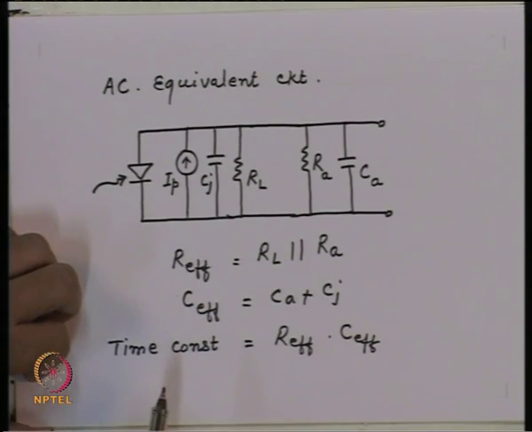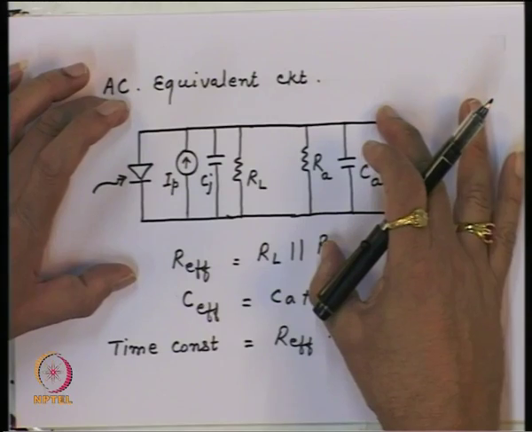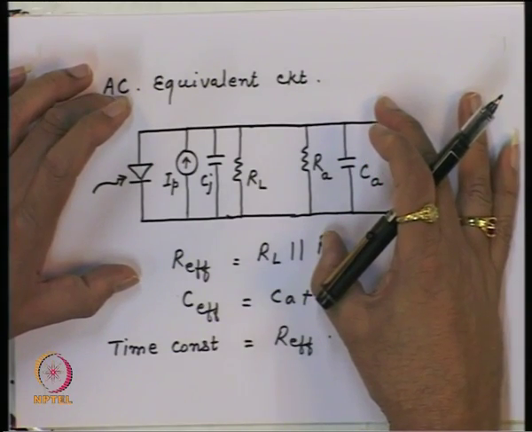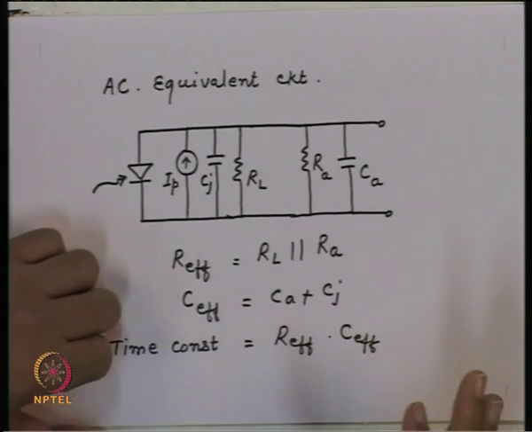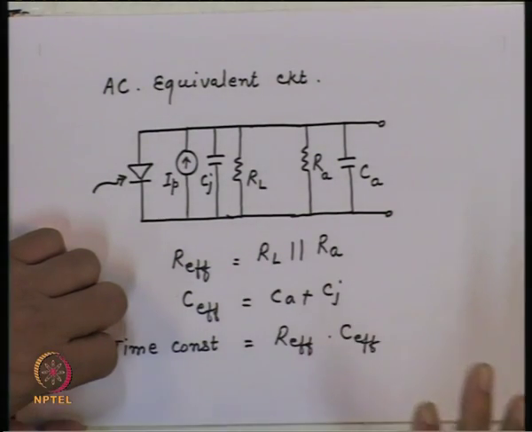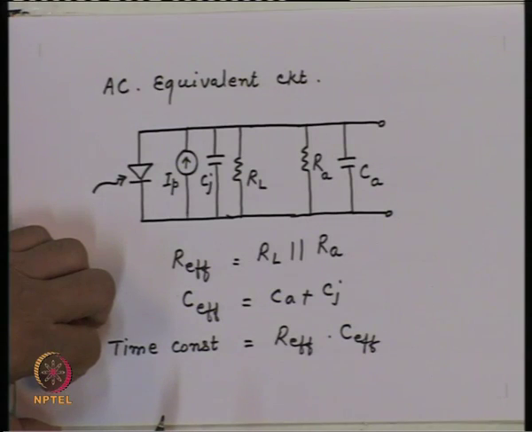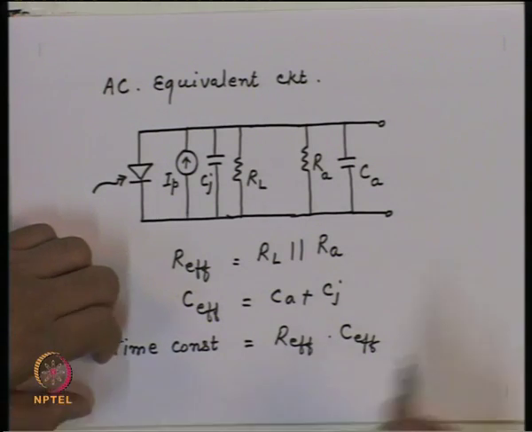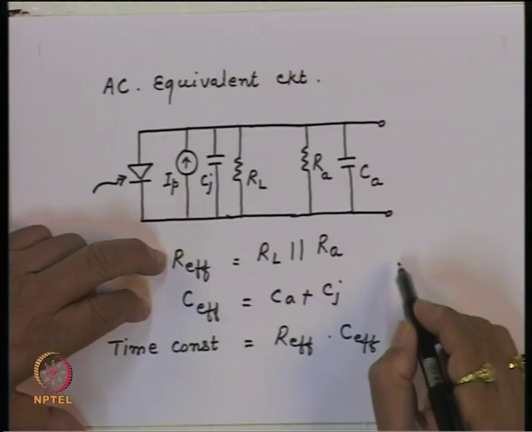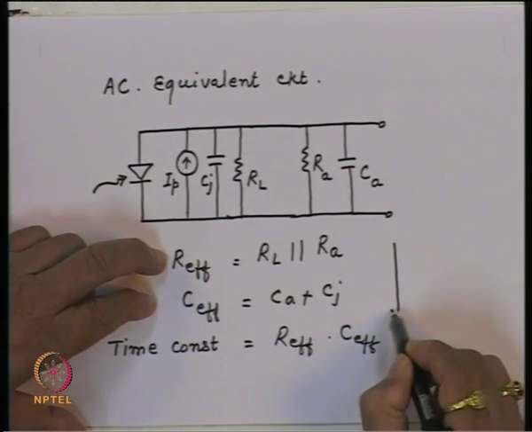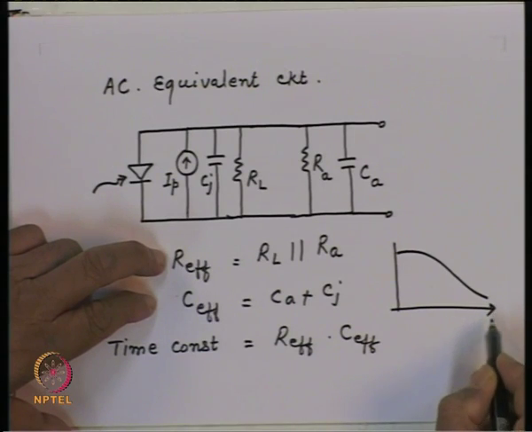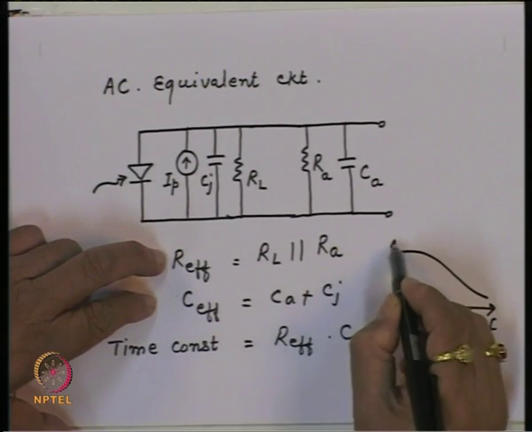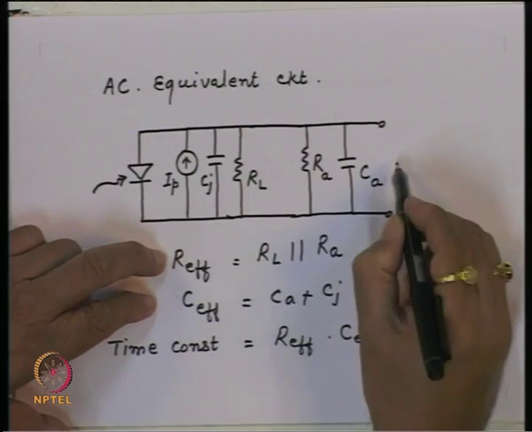As a result, the response of this circuit is a low frequency response, or in other words, the high frequency response of this circuit is rather poor. So if you look at the response of this circuit, it would be low pass type. It will have a response which goes something like this as a function of frequency. This is the output VO we get here.